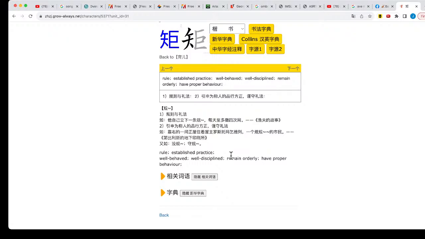One is rule or established practice, and another meaning is describing a person who is well behaved, well disciplined, and things remain orderly, having proper behavior. So you can call a person 守规矩, or 这个人没规矩, 没规矩 means the person does not abide by any kind of rules or discipline. Okay, so 规矩.